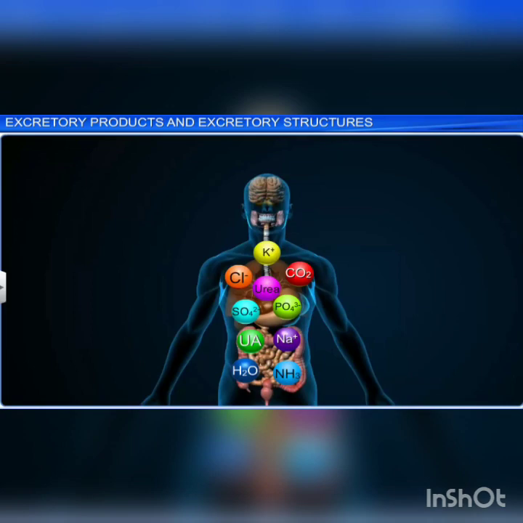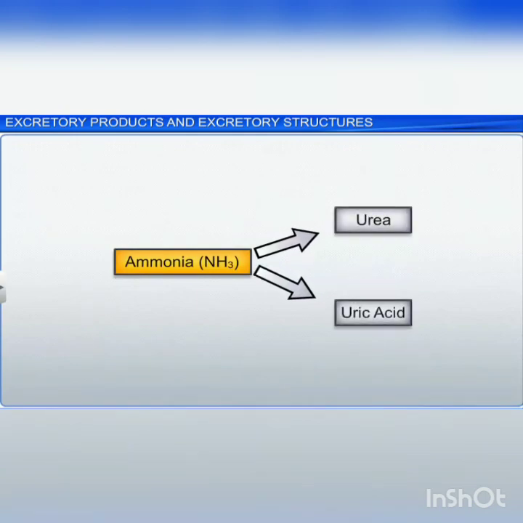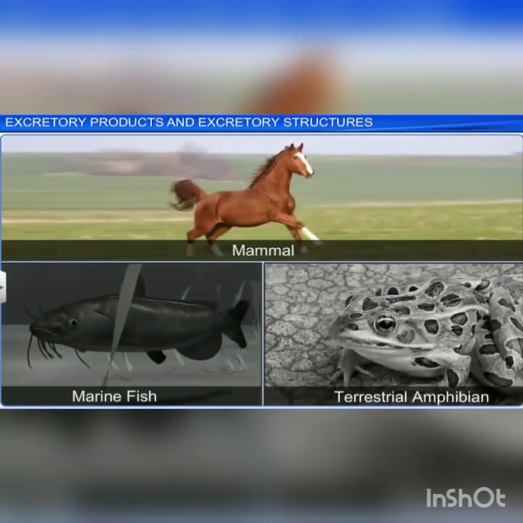Terrestrial animals have evolved a mechanism to convert ammonia into less toxic forms of urea and uric acid, which help conserve water. Mammals, including humans, and many marine fish and terrestrial amphibians, excrete urea.